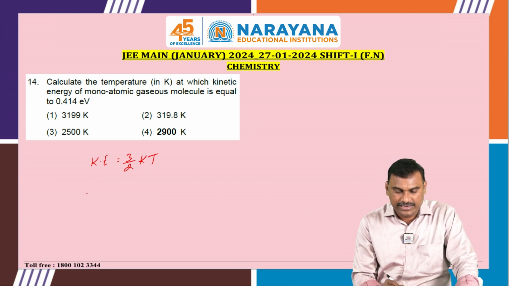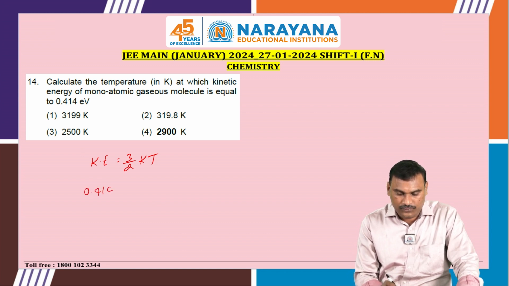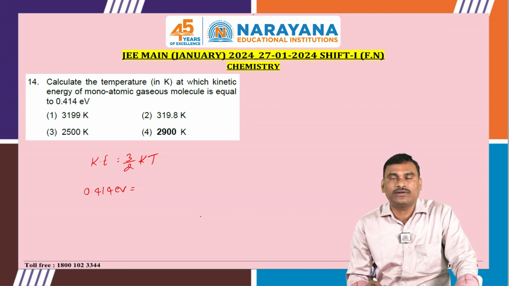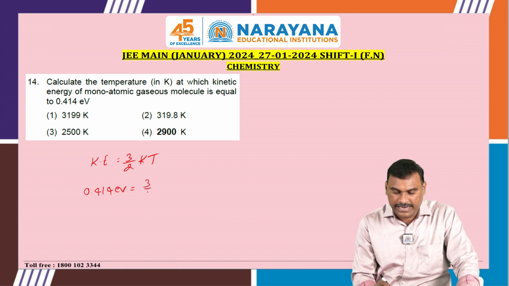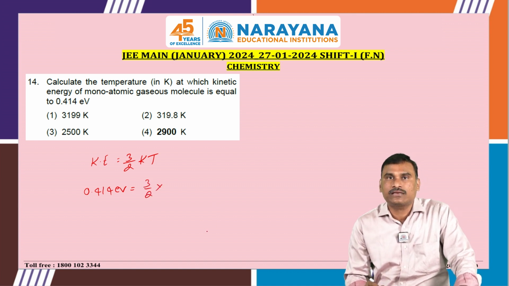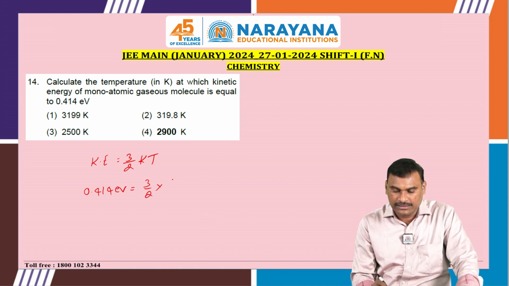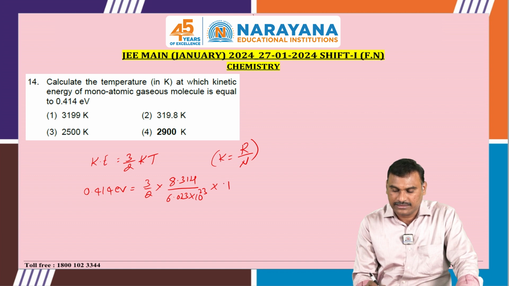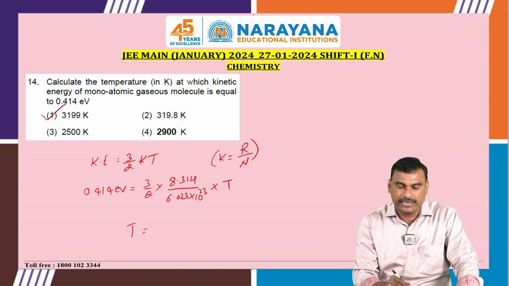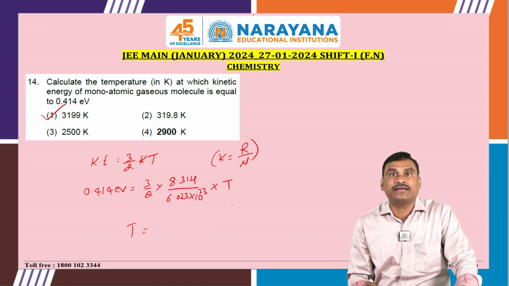Kinetic energy is given as 0.414 electron volt. You have to change that into joules using 1.602 into 10 power minus 19 coulombs, and 3 by 2 K, where K is the Boltzmann constant for a molecule, that is R, 8.314, divided by Avogadro number 6.023 into 10 to the power of 23, since K is equal to R by N, and the temperature T. After solving, you will get the temperature value nearly 3198.7 kelvins.